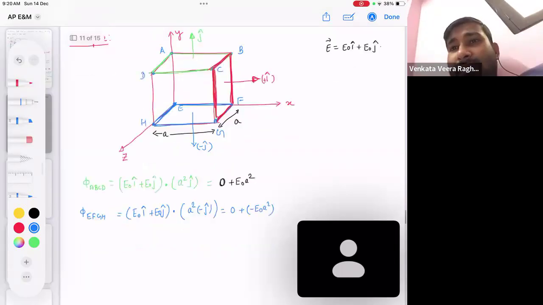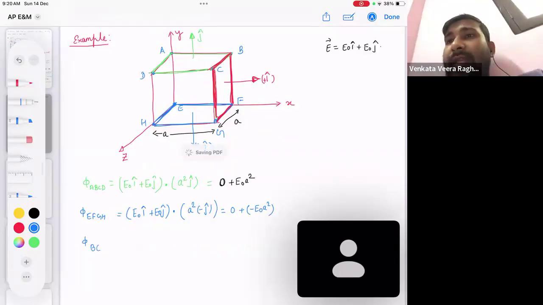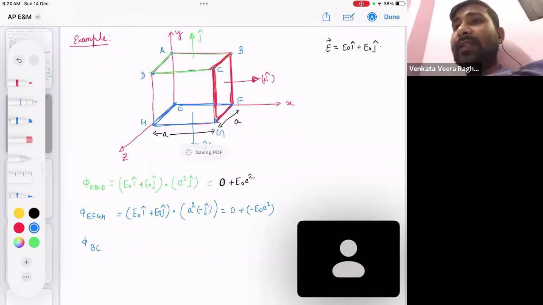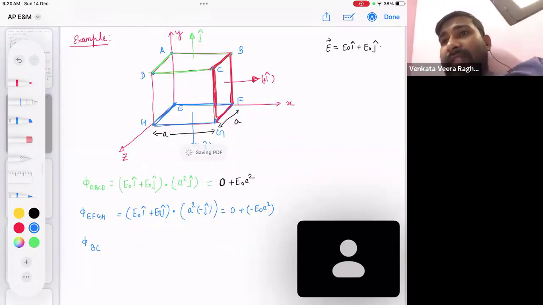Please tell me. If you calculate the flux through B, C, G, F, which face are we calculating? B, C, G, F. So how much will it come?